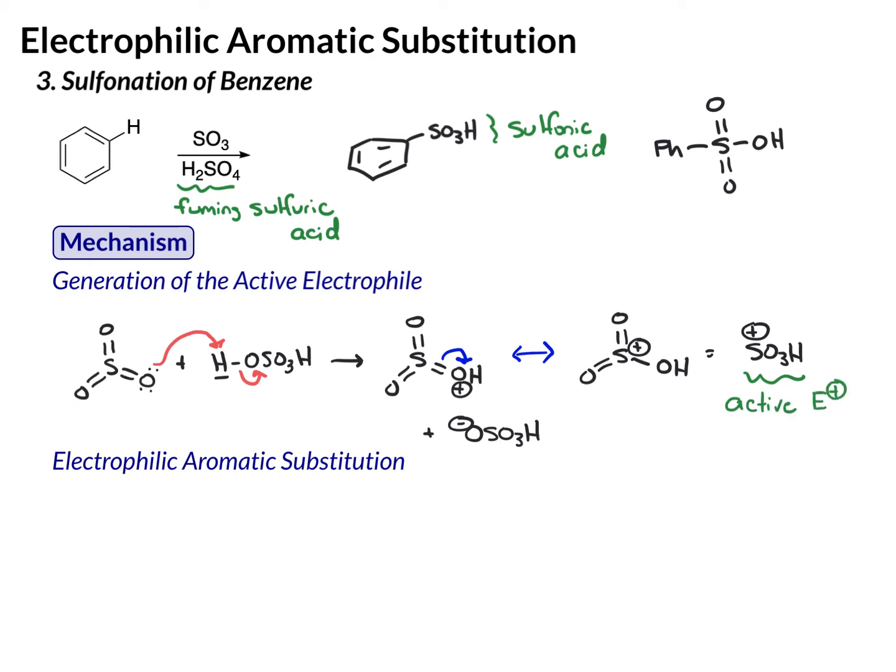The next step should be getting pretty familiar. So we take our aromatic ring. Again, I'll draw in the hydrogen that's going to be substituted. We react that with the SO3H plus.